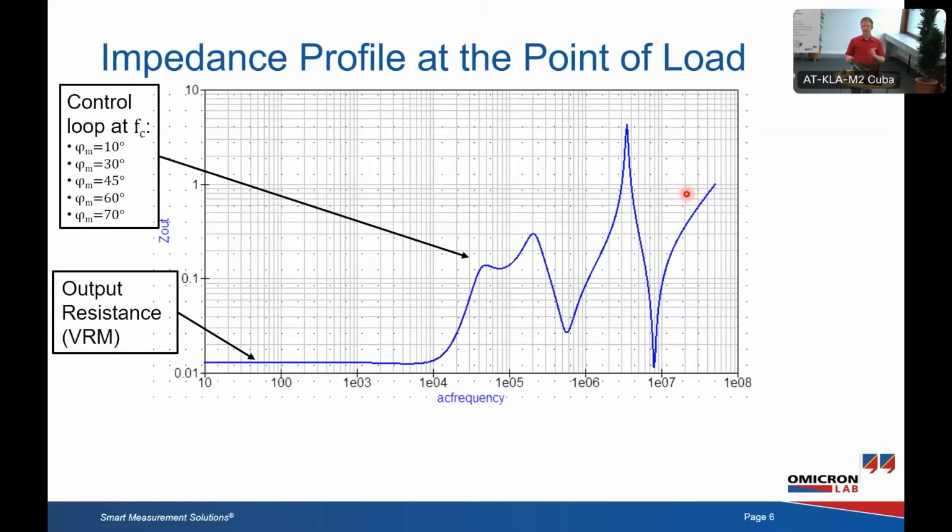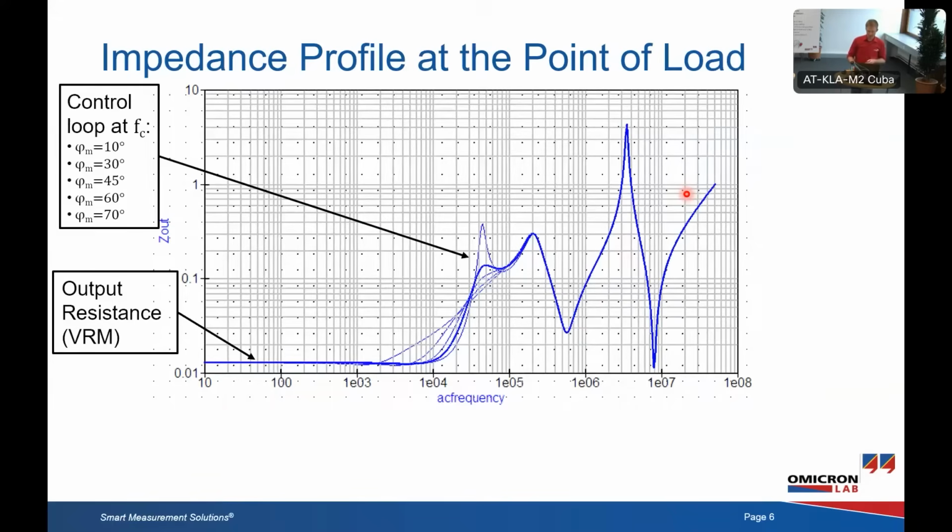Then normally in a frequency range of 10 kilohertz to 100 kilohertz, we have the control loop that acts, so the loop bandwidth is somewhere there, and this simulation contains different profiles for different compensators that all have a crossover frequency of roughly 50 kilohertz, but different phase margin values. So depending on the phase margin, you will see a different impedance profile at the frequency of the control loop bandwidth.